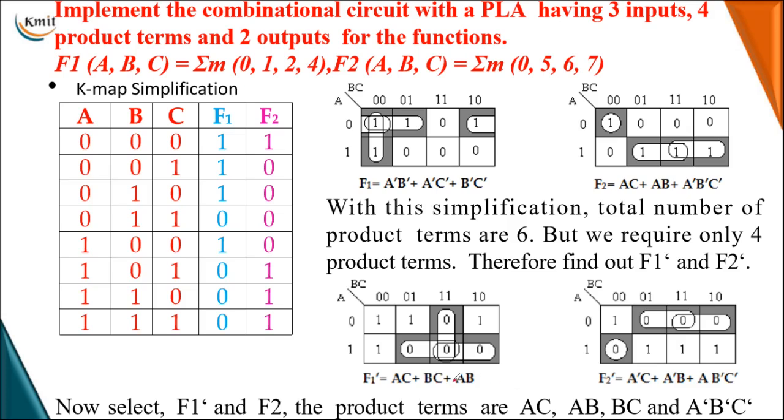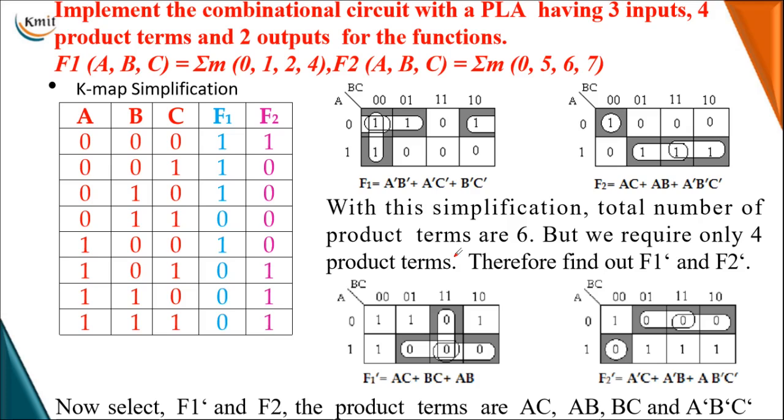Now, to minimize, if I observe the complement of F2, again I need to take 6 product terms. But if I observe the F2 value and the F1 complement value, there is a possibility that 2 product terms are common between F1 bar and F2. Hence, instead of implementing F1 and F2, we will implement the complement of F1 as well as the F2 value.